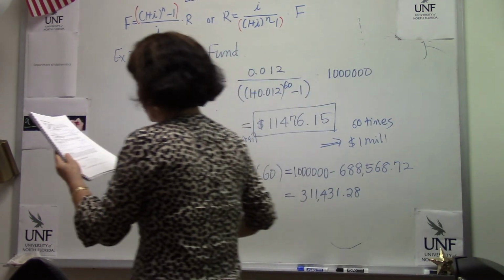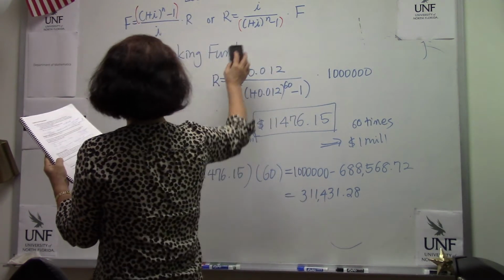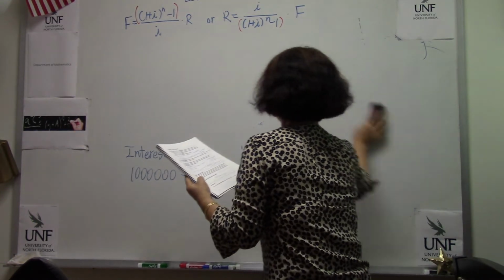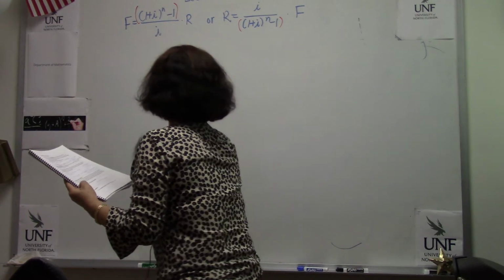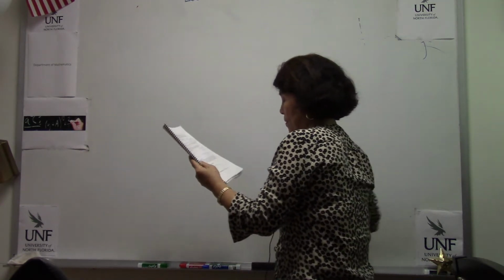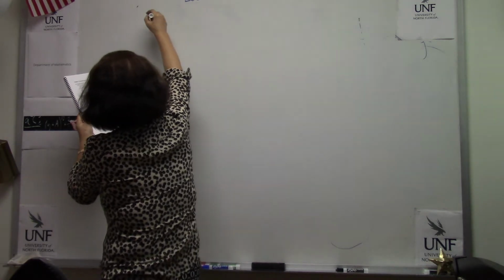Let's go to the next concept, which is the opposite concept, decreasing annuities. So all the formulas will be changed, and all the vocabulary is going to be the same.